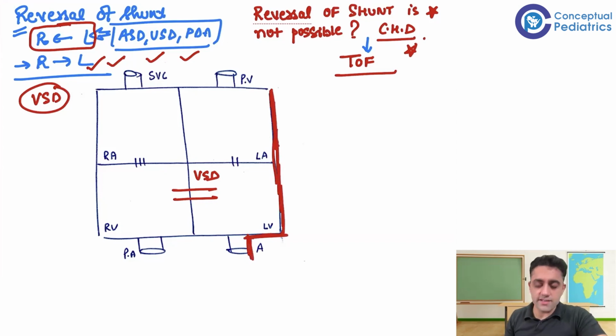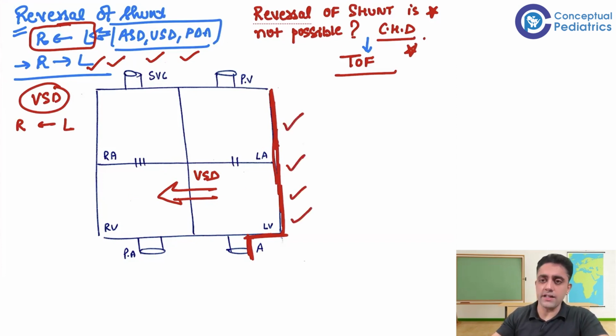If this is a VSD defect, it will always be left to right. Because naturally, if this door is broken, the water will come from left to right only, because the left side of the heart has a higher pressure than the right side.